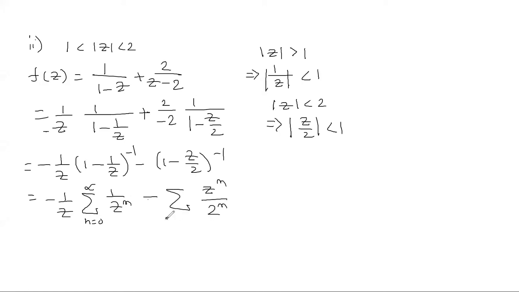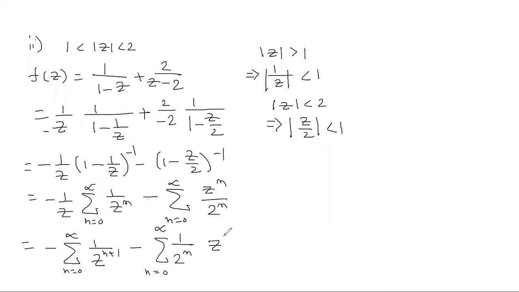So if we simplify, we'll get this as minus the sum of 1 by z power (n plus 1), minus the sum of 1 by (2 power n) into z power n, right? So here you can see this is the Taylor's part.